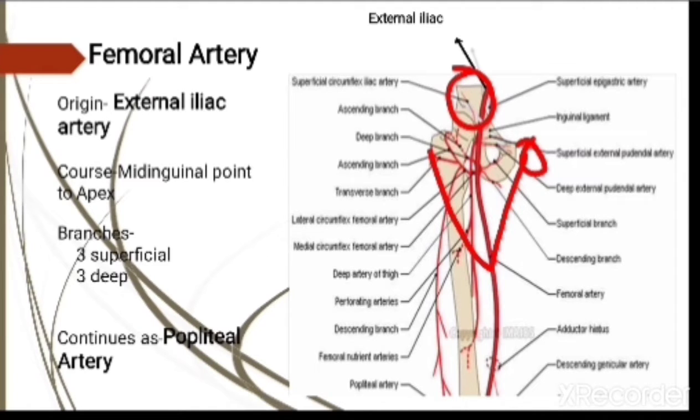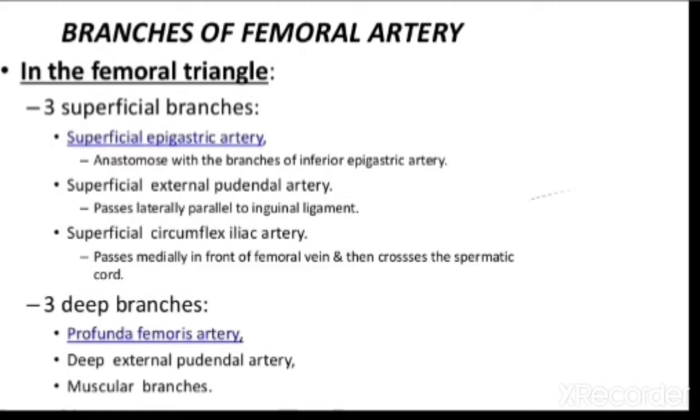Now the branches over here, there are 3 superficial and 3 deep branches, and from the apex it continues in the adductor canal, and from the adductor hiatus it continues in the form of popliteal artery. So branches of the femoral artery in the femoral triangle, we have 3 deep and 3 superficial branches.